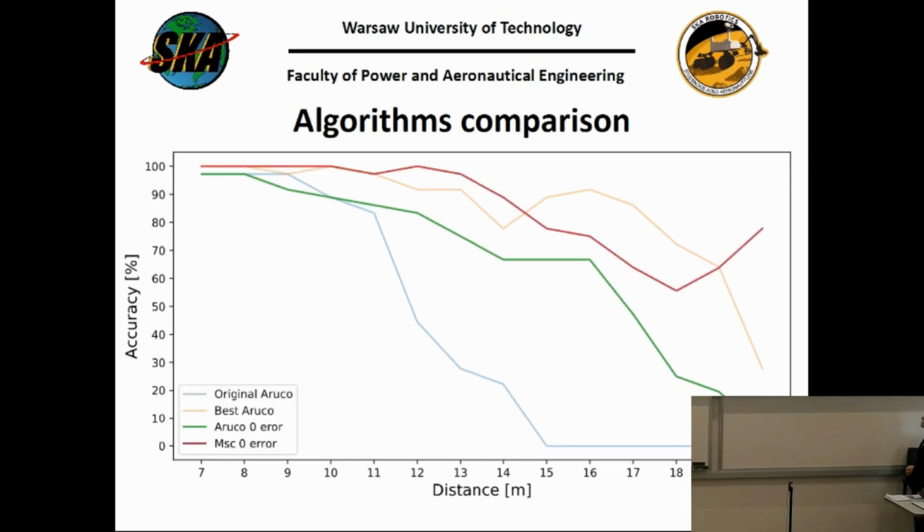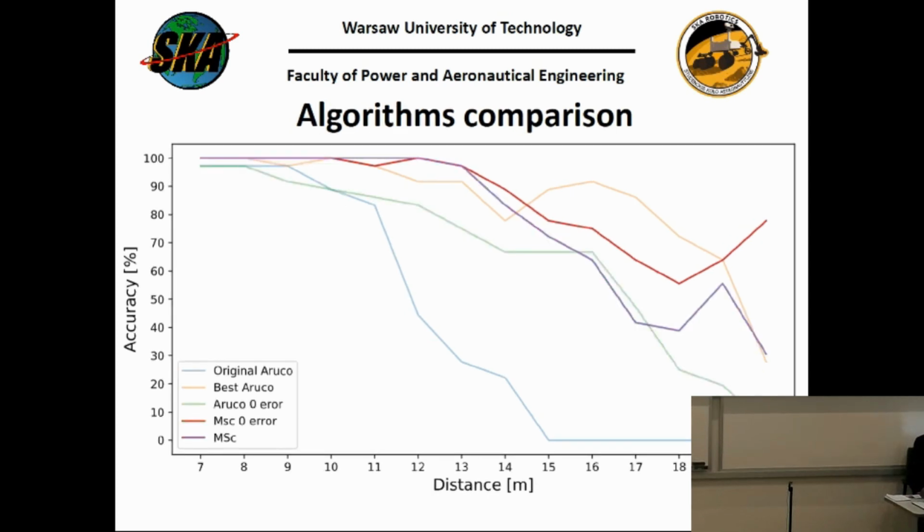And here in the red line, there is my Master of Science algorithm with zero error rate. It works better than the Aruco algorithm at middle distances and definitely at the distance of 20 meters. And this is my original MSC algorithm.